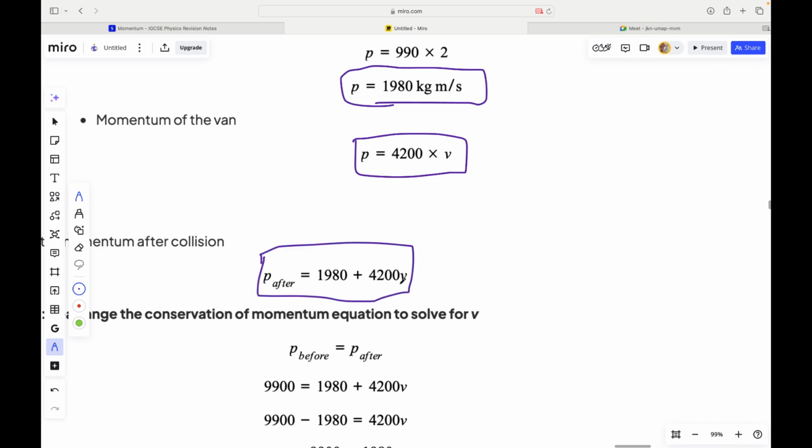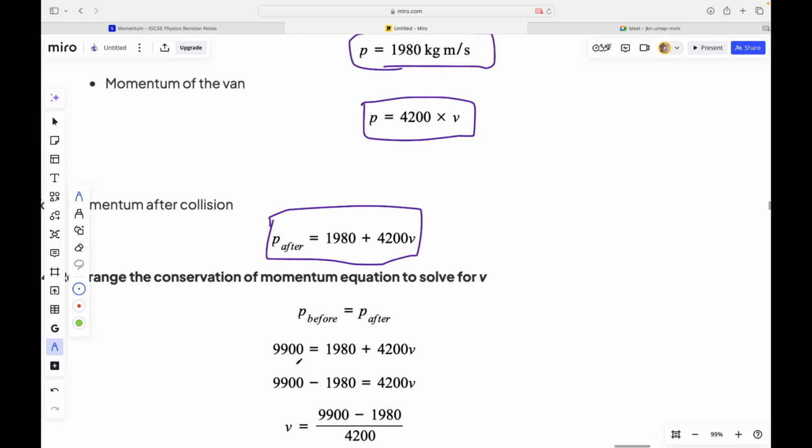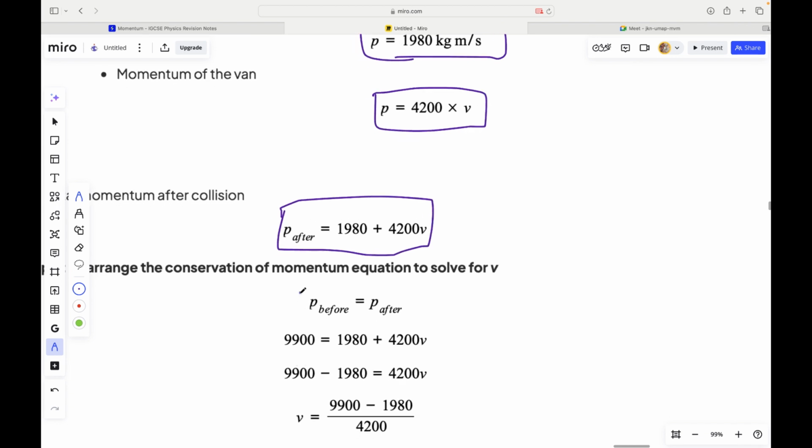Now, to get the V, remember the total momentum before collision is equal to the total momentum after collision. To get the value of V, you must equate the calculation before collision and the calculation after collision. Do you still remember the momentum before collision?